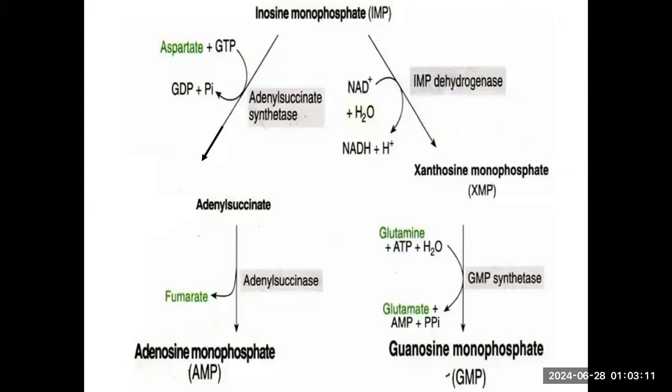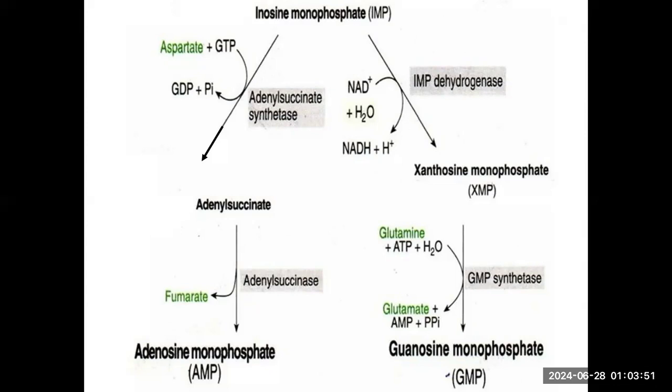From this inosine monophosphate, or IMP, we can get the synthesis of adenosine as well as guanosine. IMP, in the presence of aspartate and GTP, by the action of the enzyme adenylosuccinate synthetase, forms adenylosuccinate. That is, the whole molecule of aspartate is added.